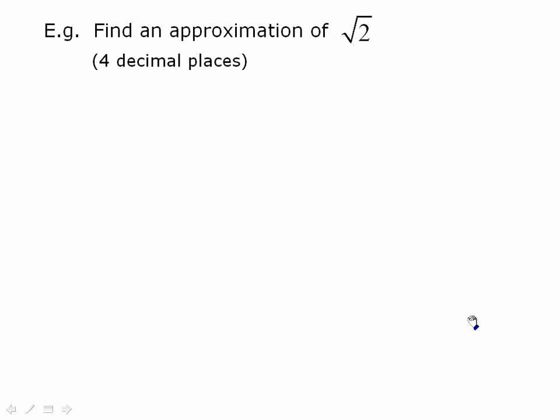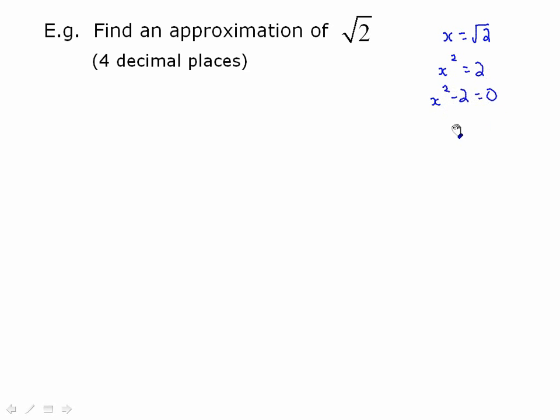So the question is, find an approximation of square root 2 to 4 decimal places. It means we're trying to evaluate x is equal to the square root of 2. Now if you square both sides, you'll get x squared is equal to 2. Then bring everything over to the left side, and you get x squared minus 2 is equal to 0.